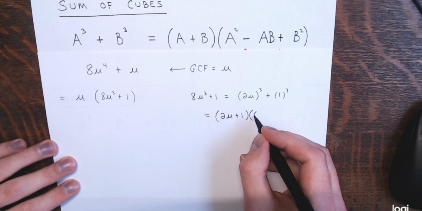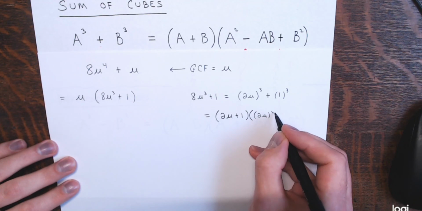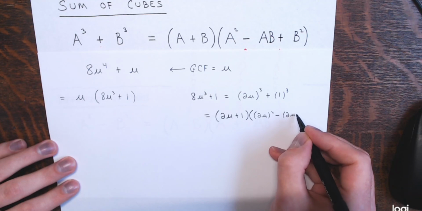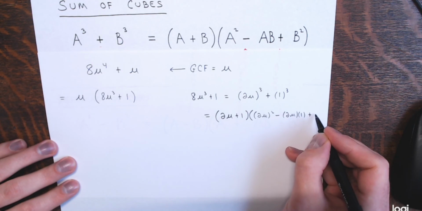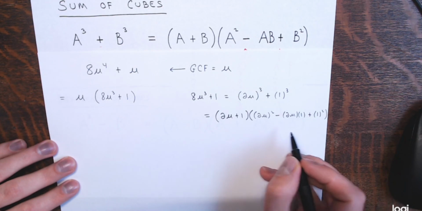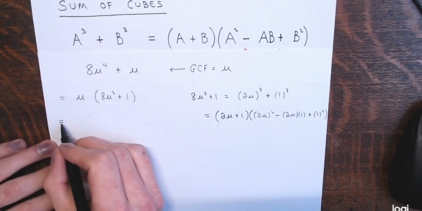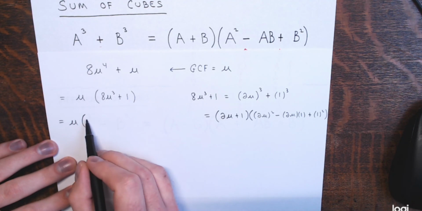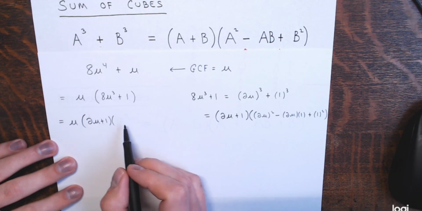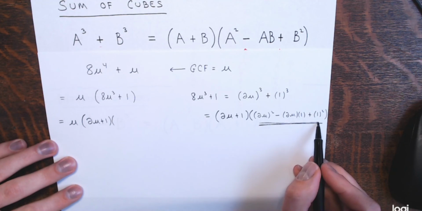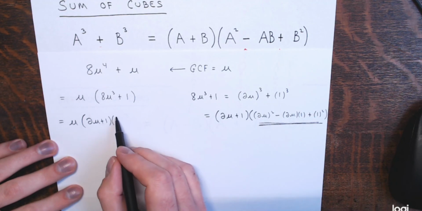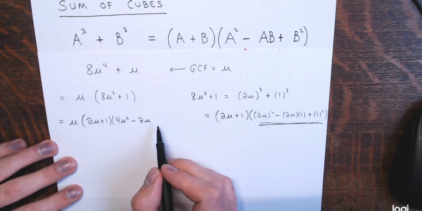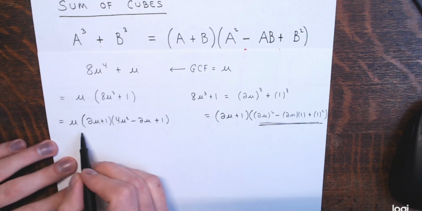Second factor, the trinomial has 2u squared minus 2u times 1, then always plus 1 squared. We'll simplify that when I write it again over here. So we have u pulled out, and then this sum of cubes factors to 2u plus 1 times, simplifying the trinomial, 2u squared is 4u squared, minus 2u times 1 is 2u, plus 1 squared is just 1.